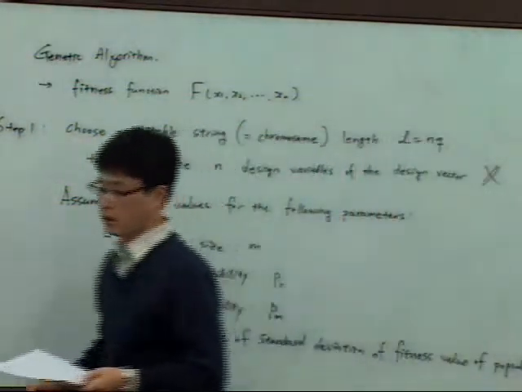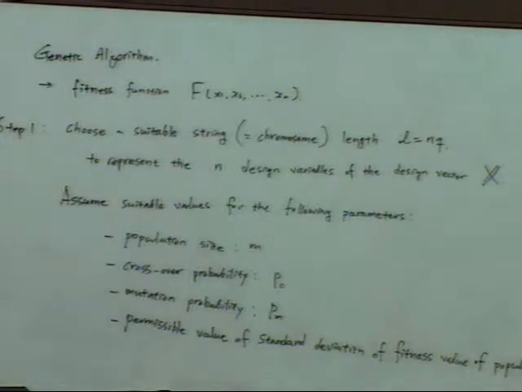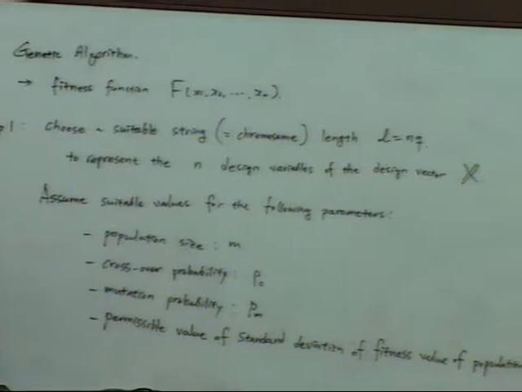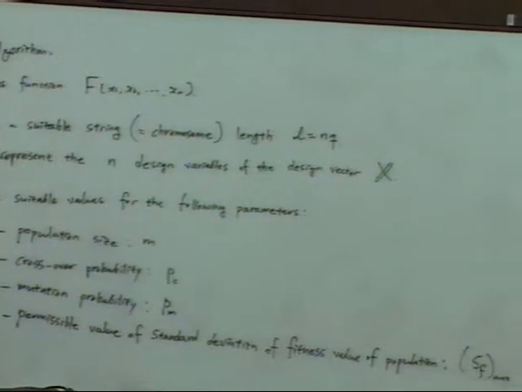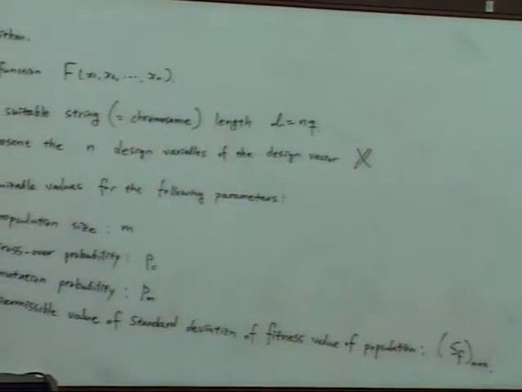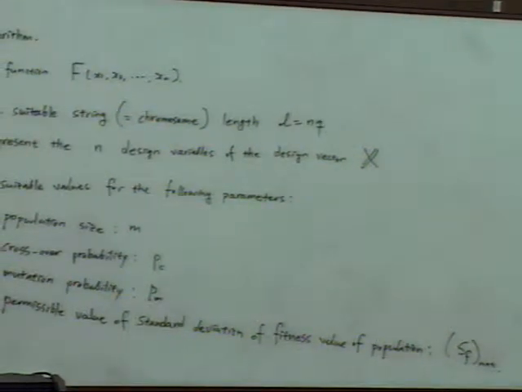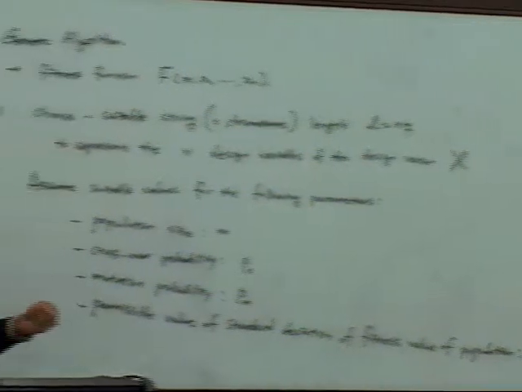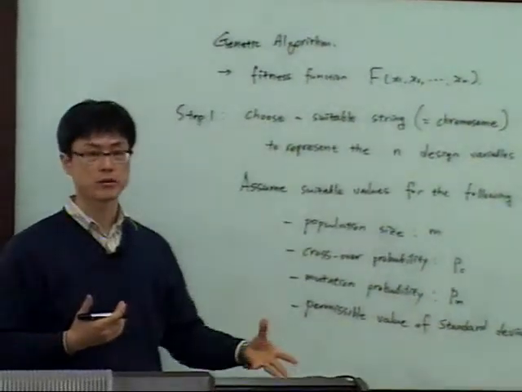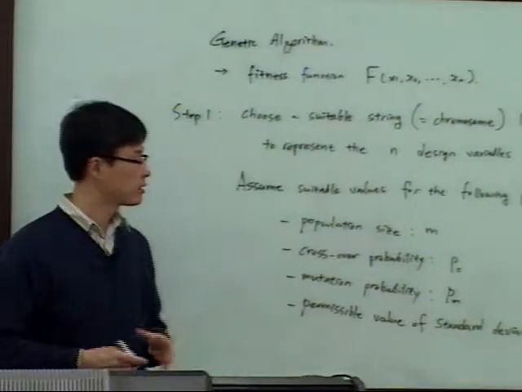You know, in genetic algorithm, we are keeping M population, M different solutions at the same time. And these M chromosomes are actually M different designs, and each design has its own fitness value. We can calculate some statistics of this population, the average value of fitness, standard deviation, whatever it is.